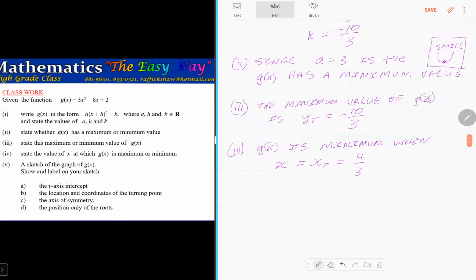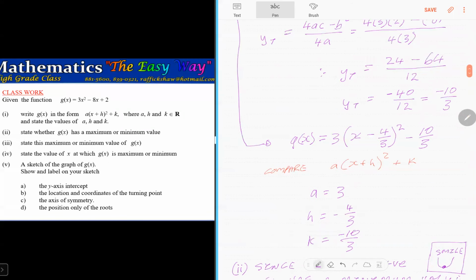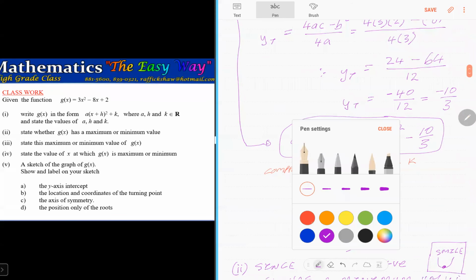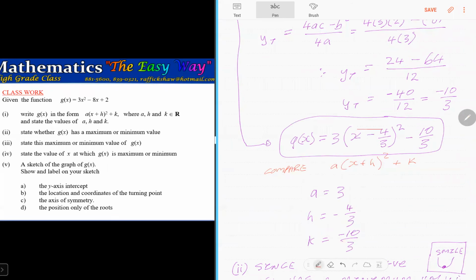I can show you why it makes sense. If you look at this vertex form, when this x becomes 4/3, inside you get 4/3 minus 4/3. So all that will be 0 when x is 4/3.